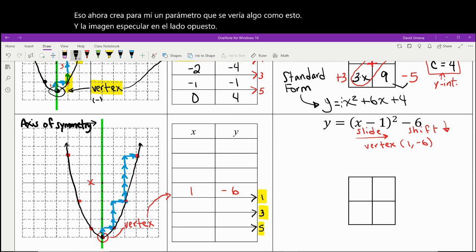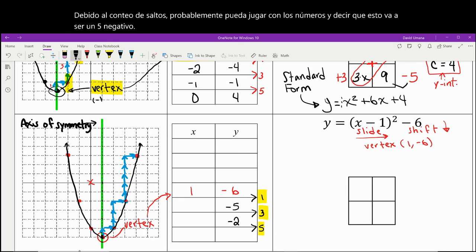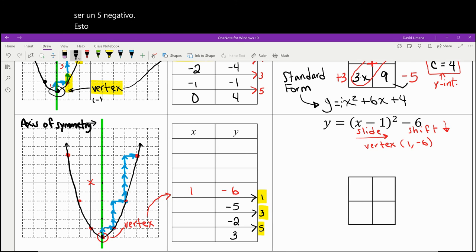Because of skip counting, I can probably play with the numbers and say that this is going to be a -5, this would be a -2, and this would be a 3. This is going to be 1, 2, 3, 4, 0, -1, -2. Okay. So this is how I manipulate it.